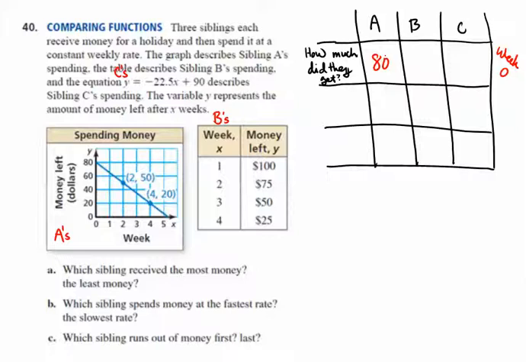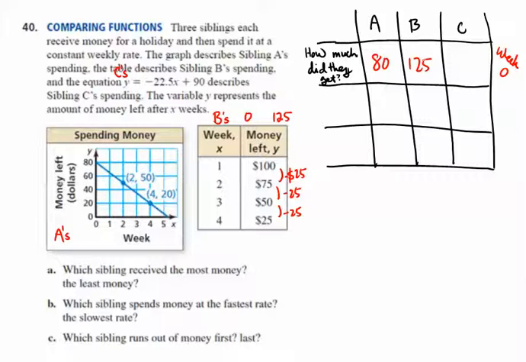However, we can see that B's money is going down by $25 each week, and we have the amount they had after 1 week. If we went back one more week to 0, at week 0 they had $125. Instead of subtracting, we're working backwards, so we add that $25 on. So B had a total of $125 to start.